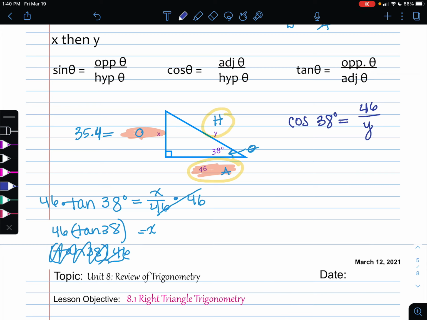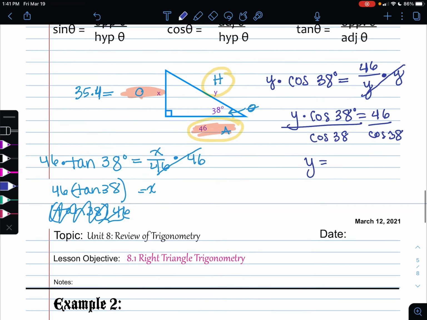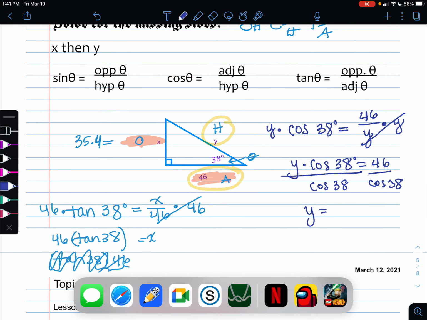And I need to solve for y. So these can take two steps because the first thing I am going to do is not multiply by 46, but multiply by the denominator to get y out of the denominator. So now I have y times cosine 38 equals 46, and then I can divide by cosine of 38. So y equals, and let me bring my calculator back up.